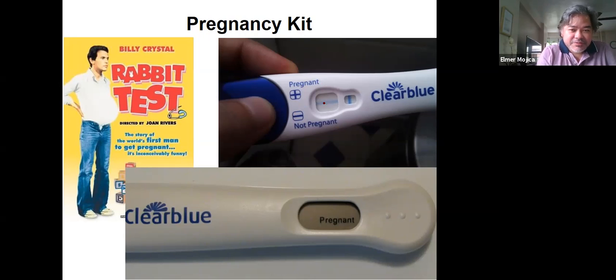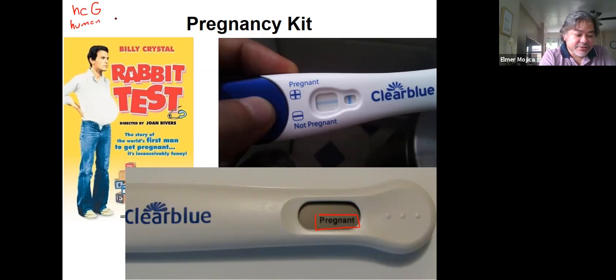Before, when you did the pregnancy test, you just looked at the presence of a line. But right now, they've gotten high tech. It can give you the word pregnant to say if you are pregnant or not. But if you look at the basis of the pregnancy test, there's this thing called HCG.